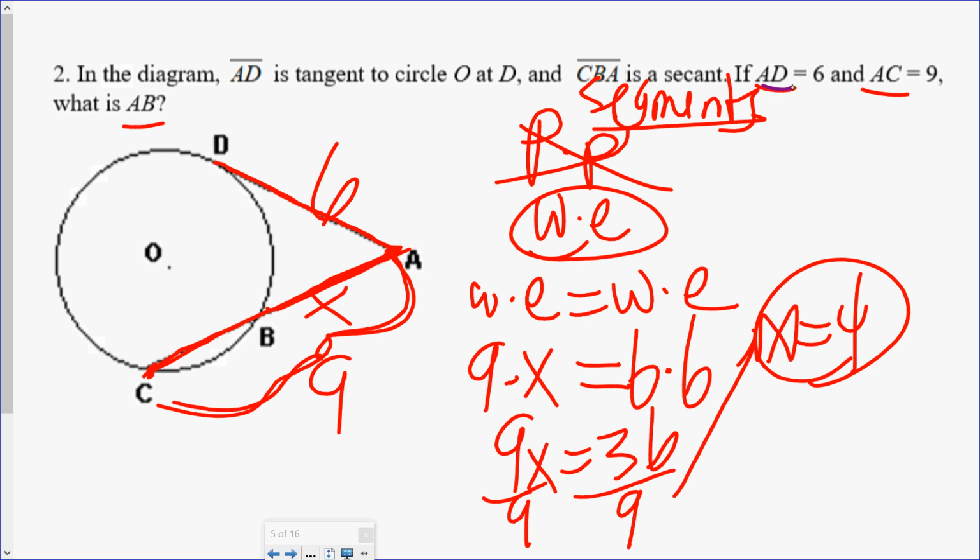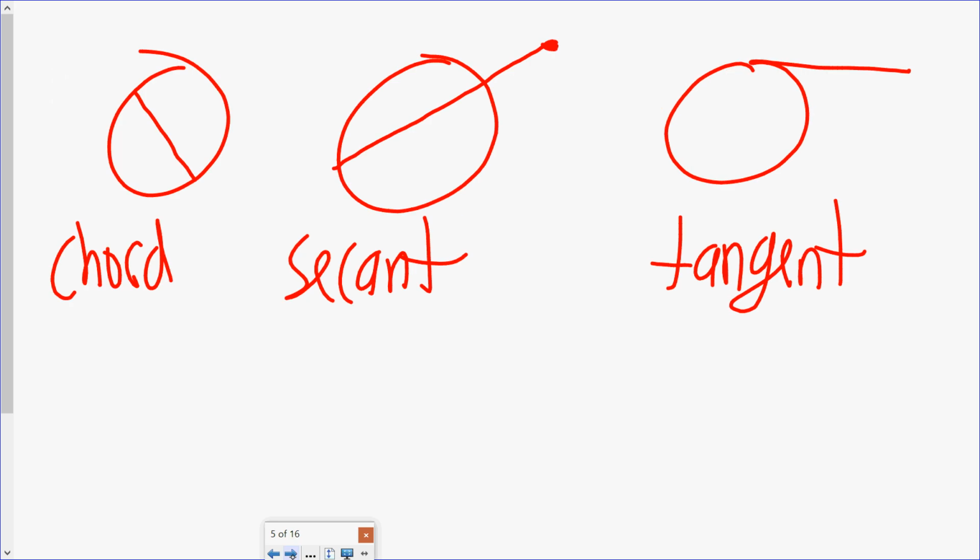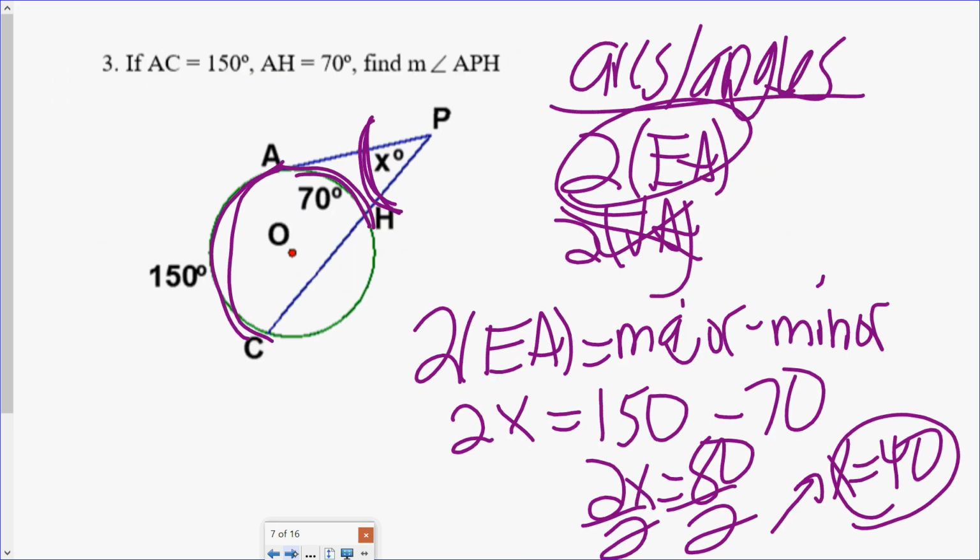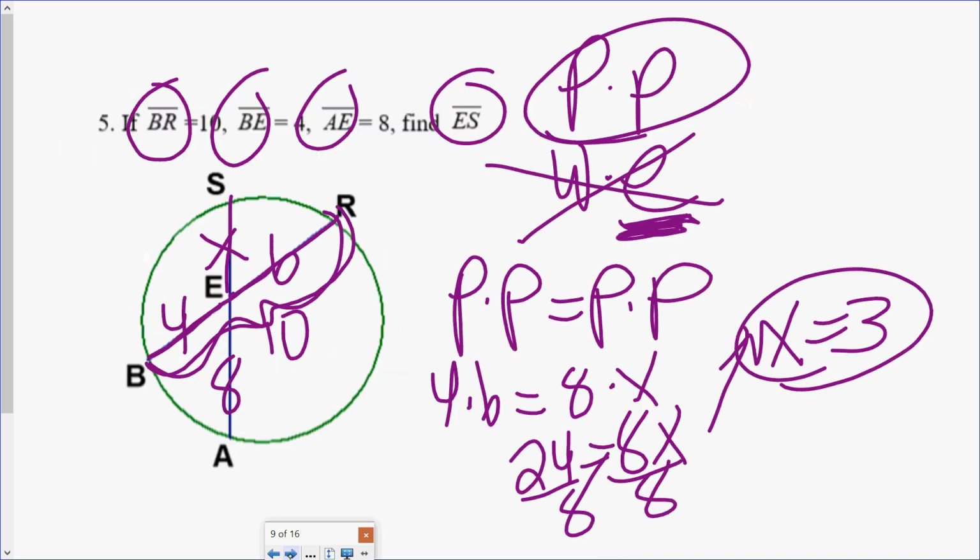Segments are PP, WEE. There's an exterior piece, so I use WEE. This one has arcs and angles, so it's 2EA or 2VA. Since it has an exterior angle, it's 2EA. And this one had segments, so it's PP, WEE. There's no exterior piece, so I use PP.